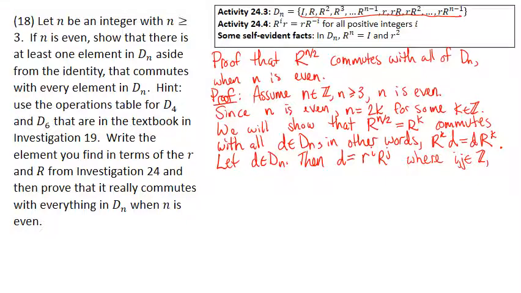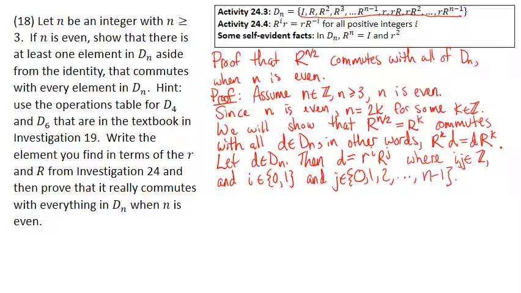And furthermore, i is actually either 0 or 1, and j is in the range from 0, or 1 or 2, all the way up through the largest it can be, n minus 1. Okay, so that is what all of the elements of the dihedral group look like. And now that I've written that element that I selected in that form, I just want to show that r to the k commutes with that.